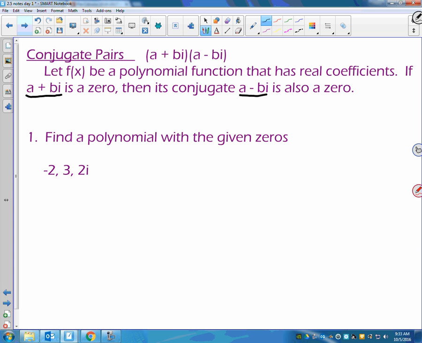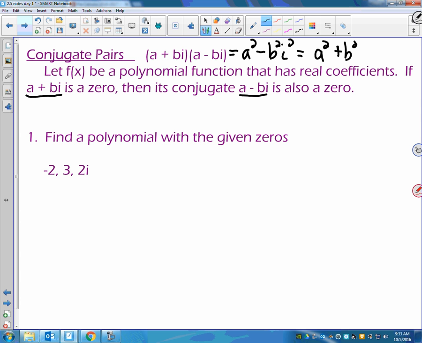Because if I FOILed this out, I would get a squared, and then the negative abi, positive abi cancels out, and then this is minus b squared i squared. And what does i squared equal? Negative 1. So that's really a squared plus b squared.